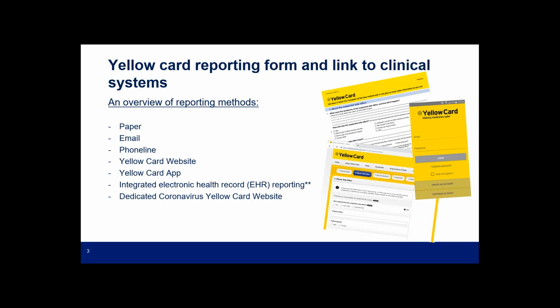We can also receive Yellow Card reports from healthcare professionals directly through integration of the Yellow Card reporting form into their clinical IT systems. And more recently, we have also created a Coronavirus Yellow Card website, which is used specifically for reporting ADRs to the COVID vaccinations. Next slide, please.